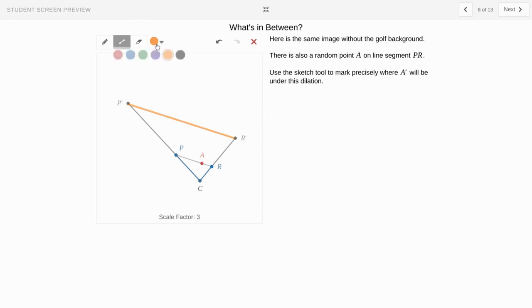So that means that C, A, and our new A prime should also be in a line. And our new point for A should be right here. So notice how everything, when we scale it, goes away from this center point at the same distance compared to where it started.